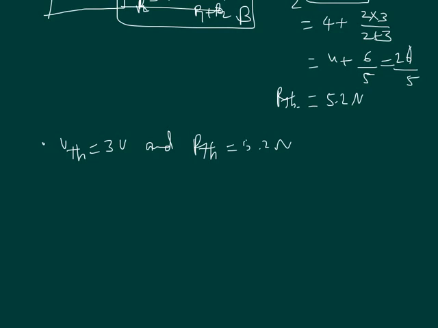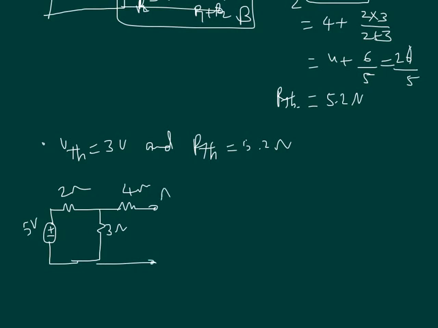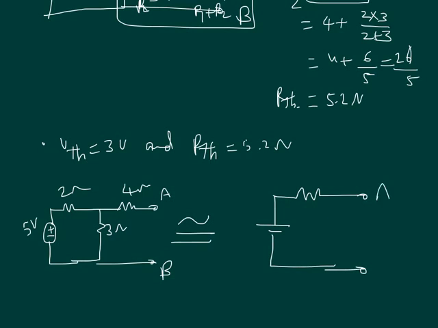So now this given network, with 5 volts, 3 ohms, 2 ohms, 4 ohms and terminals A, B, can be equivalently replaced with the Thevenin's voltage VTH in series with RTH. VTH is 3 volts. This is 5.2 ohms. This is the answer, the equivalent network.